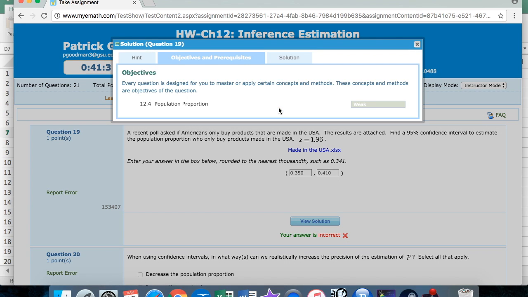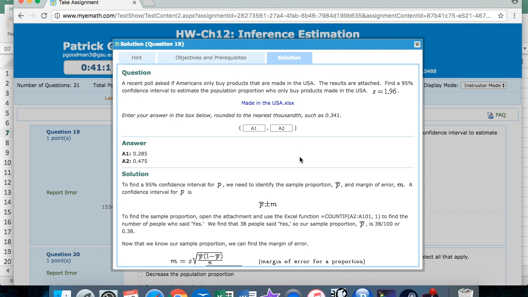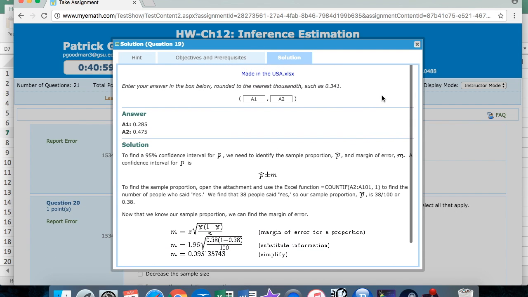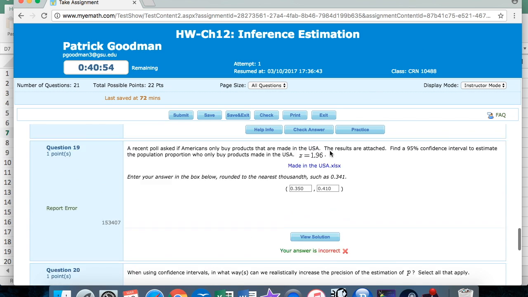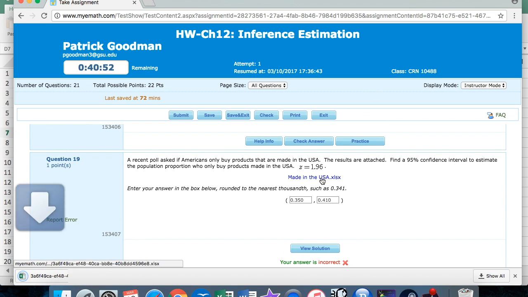And this one, I'm not sure what happened here. Let me check this out again, because I did it and I got the right answer, but when I put it in, for whatever reason, I put it in incorrectly. Let's see, so they're made in USA. Just says a recent poll asked if Americans only buy products that are made in the U.S. Let's get this guy together. So find a 95% confidence interval to estimate the population proportion who only buy products made in the USA.